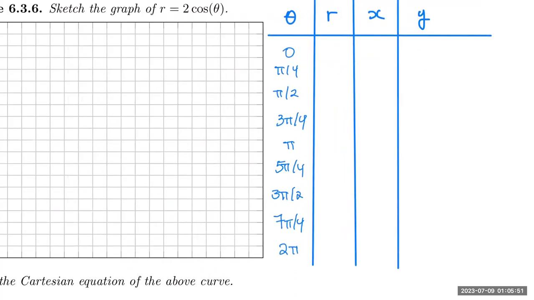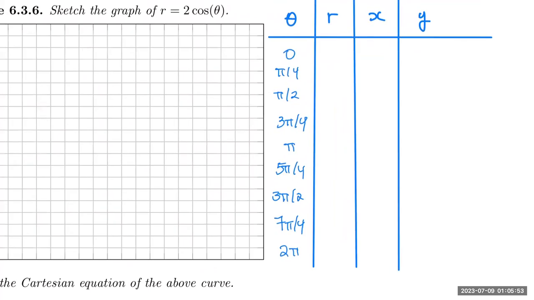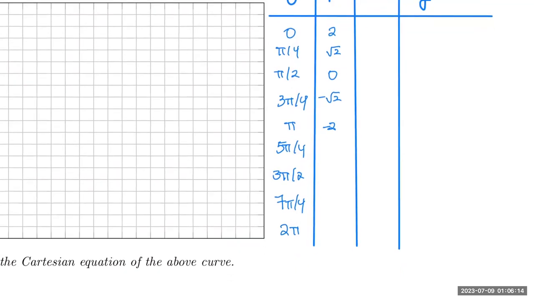So if we put the values of theta into the equation, we will get a value of r in return. So the values that we should get are as follows: 2, square root 2, 0, negative square root 2, negative 2, and then the next set is going to be negative root 2, 0, root 2, then 2.